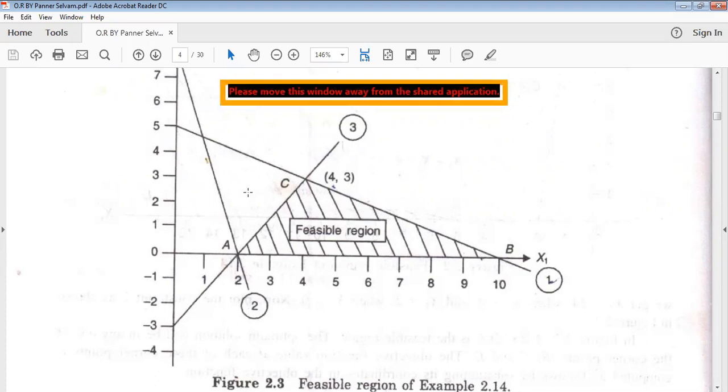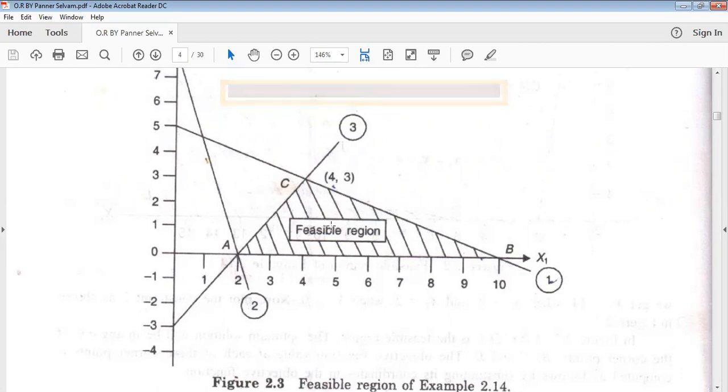Hatching below, this area will come. Hatching above, this area will come. Both are crossing, above and below. Therefore, this region does not exist. But there is another line where you can join this link. Therefore, this is going to be the feasible region. So one must be very careful to identify this feasible region.